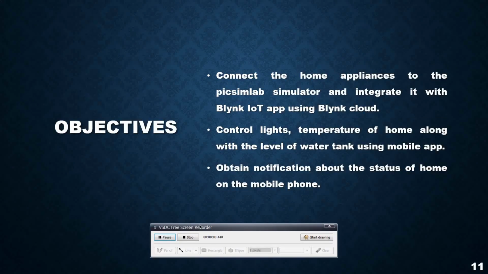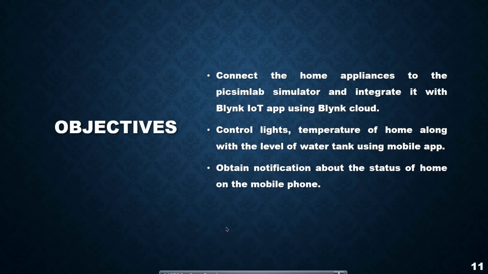What the objectives of the project are: we have decided on three main objectives. First is to connect all the home appliances to PixSimLab and integrate it with the Blynk IoT app using Blynk Cloud.